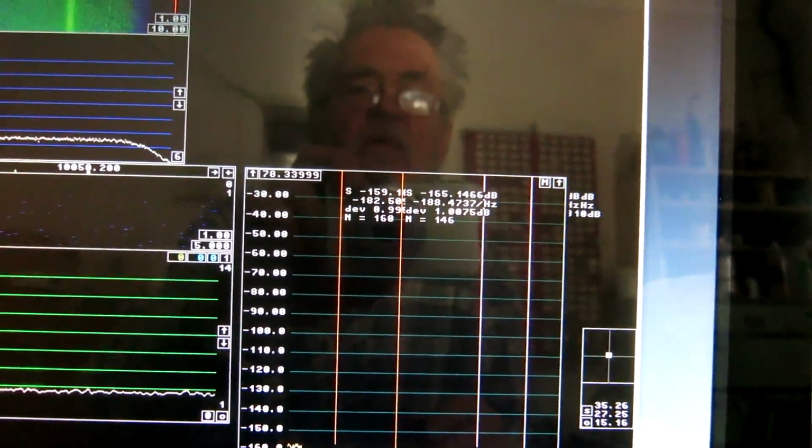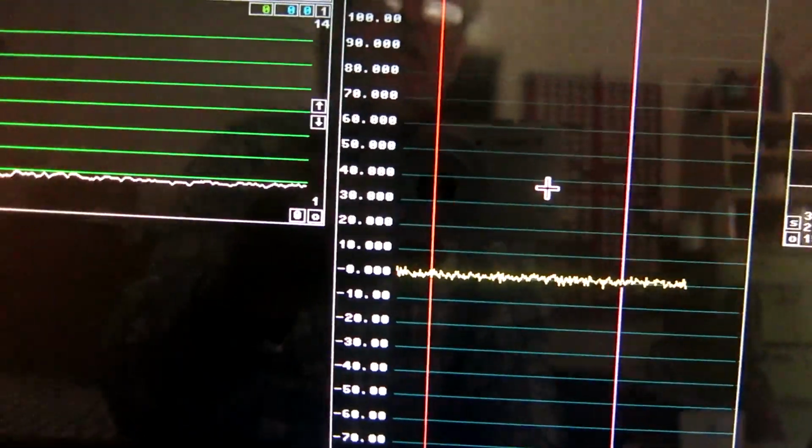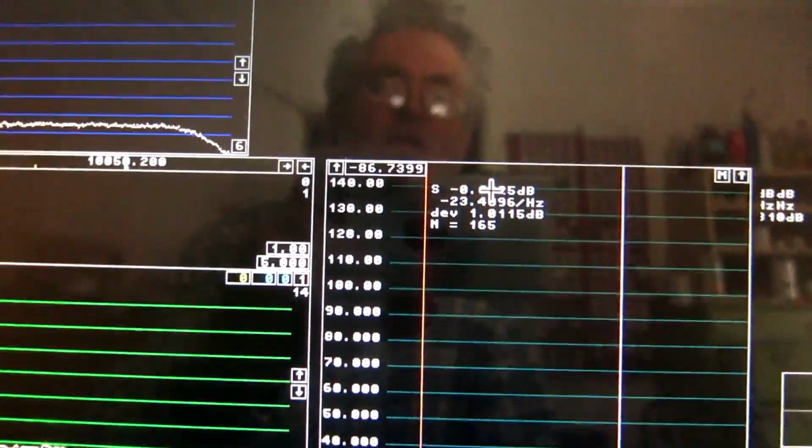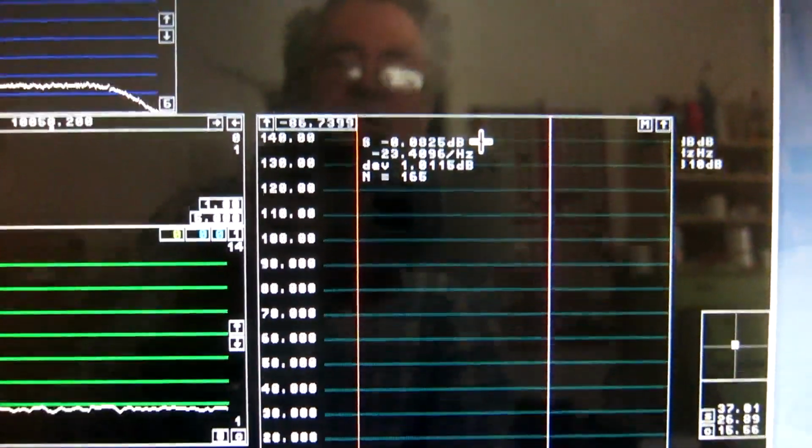So that's about 6 decibels higher. I changed the calibration of the S-meter to show 0 on the power within the bandwidth.